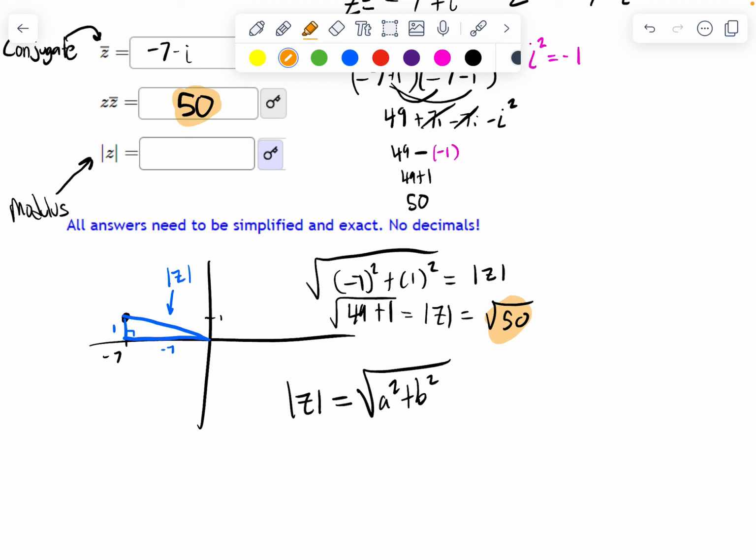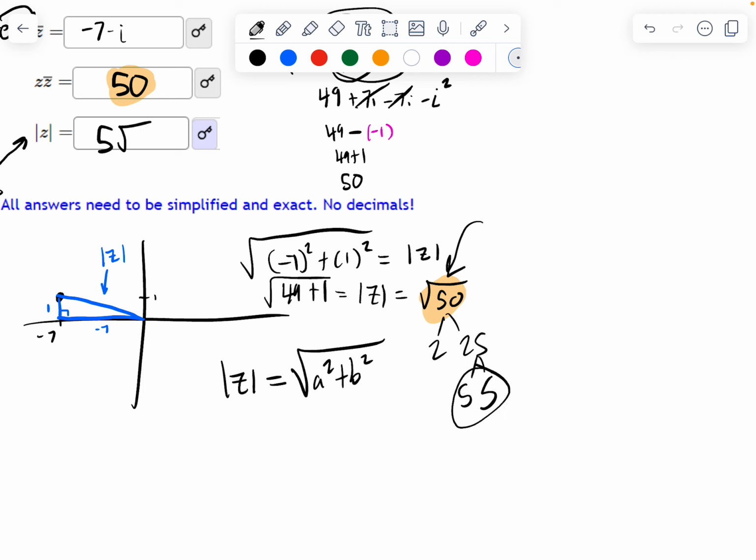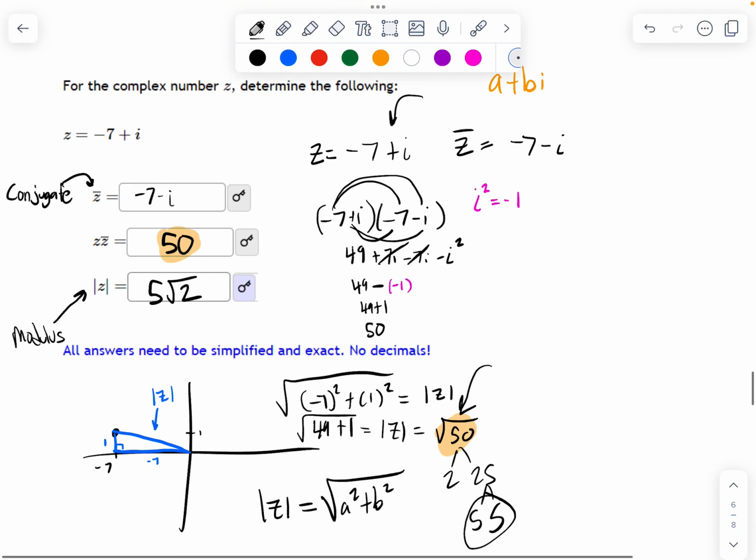You'll get 50 both ways. The only difference is that the modulus is square rooted. There you go, there's the difference. Nothing too crazy. And then last but not least, don't forget to simplify your square roots. That's 2 and 25, 5 and 5. 5 comes out, root 2 remains. And you're done. That is everything there is for complex numbers.